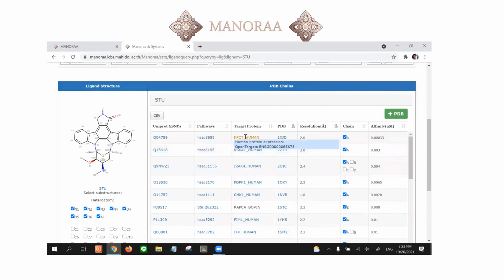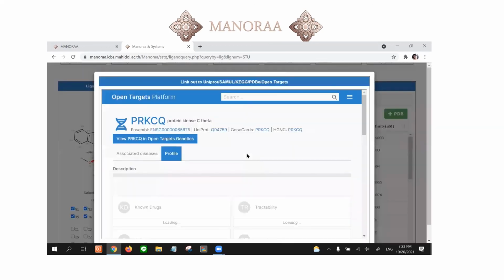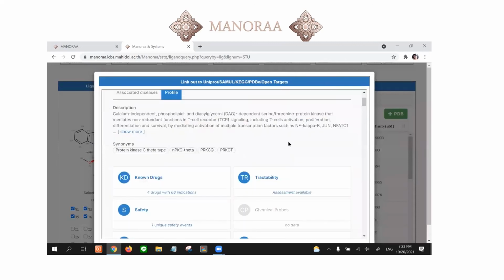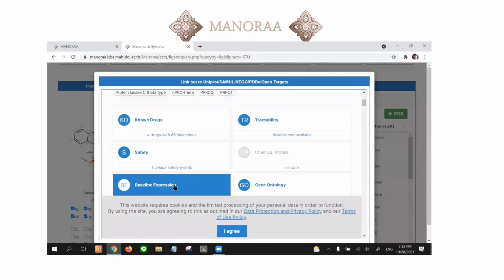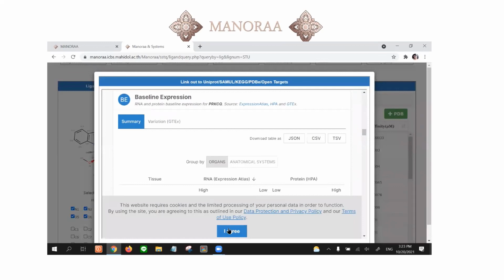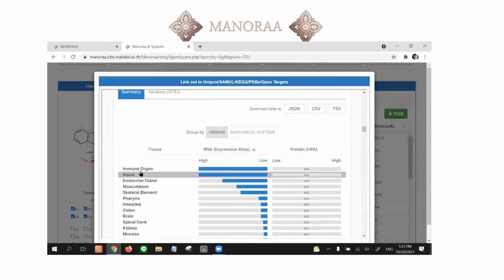If you want to look into the target tissues or organs, you can click on Open Targets. In Open Targets, if you click on baseline expression, you can see that this protein exists in immune organs, in blood, and in endocrine glands.